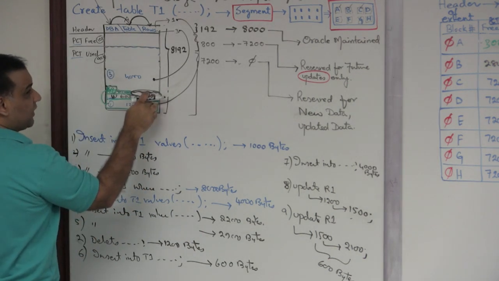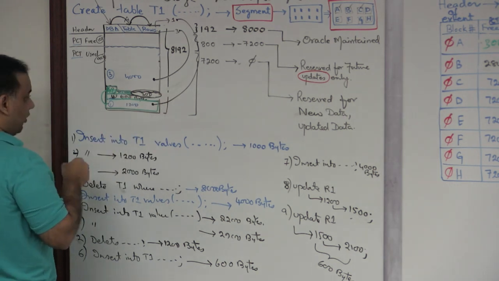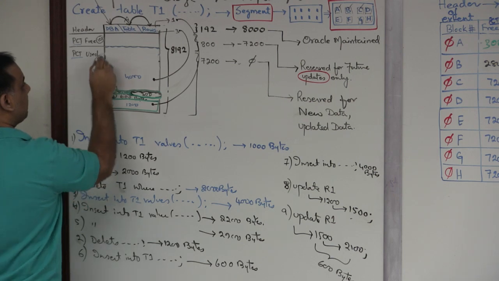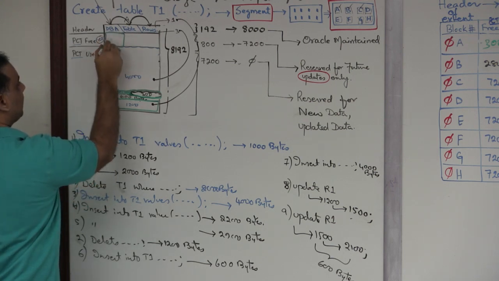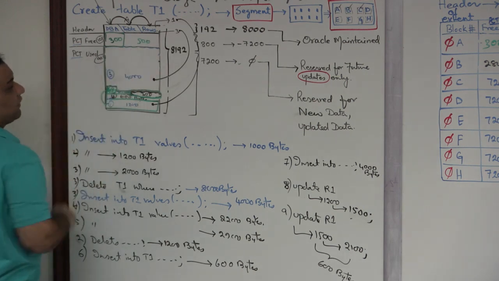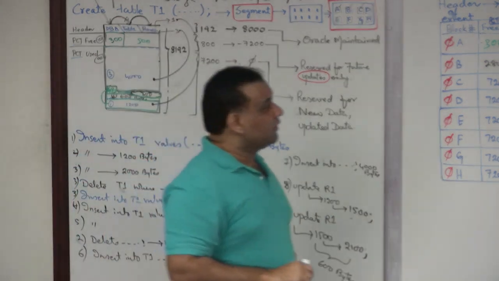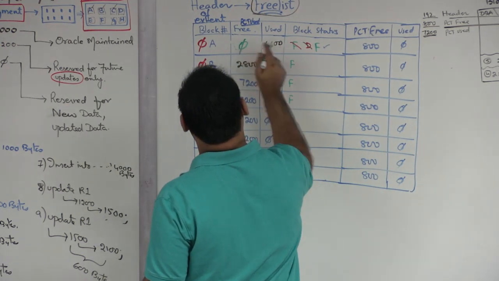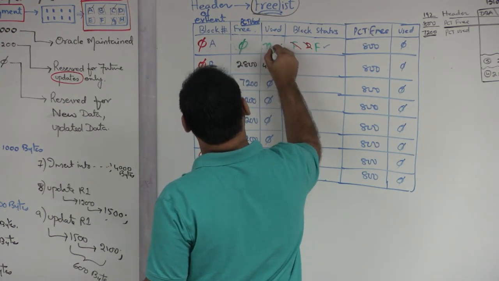So it will occupy 300 as part of the same block, right? And then it will come back here, and I'm going to use 300 from here. That leaves me about 500 space available. So here it will come back and it will say free, absolutely nothing. Use all 7200.